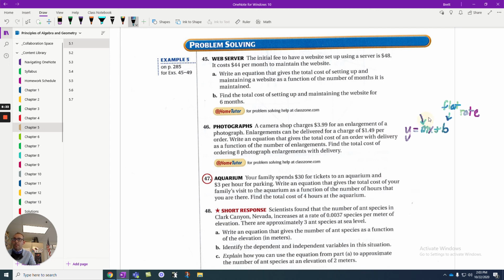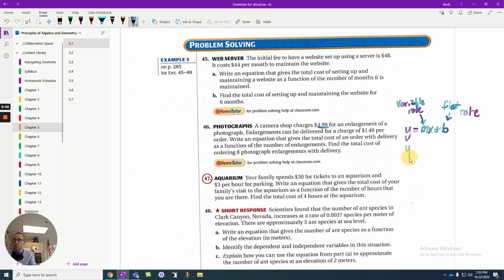And then the slope is our variable rate, where it depends on how many you're using. So in this problem, the $3.99 is what it's going to charge me every time I enlarge a photo. So I might order 10 pictures to be made bigger. Well, I'm going to pay $3.99 for each of those pictures. That is a variable rate.